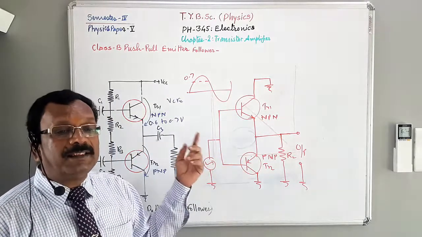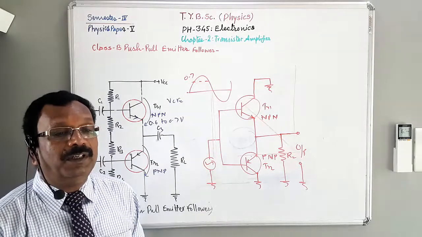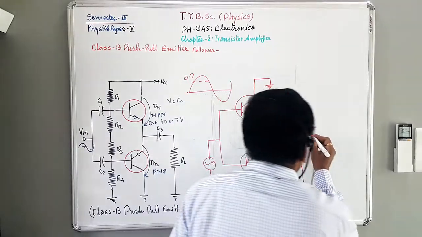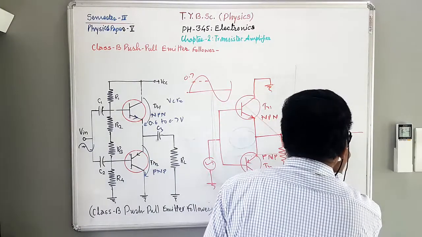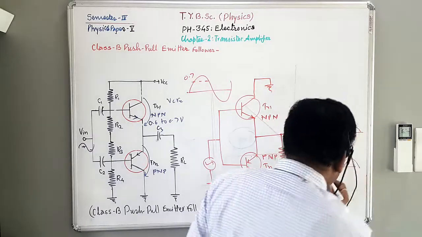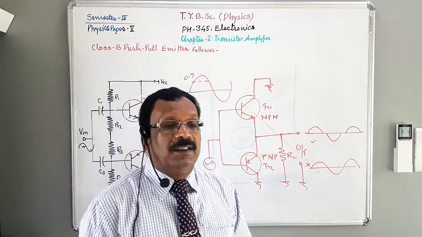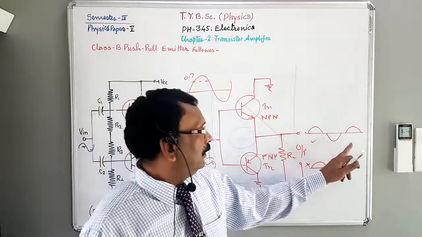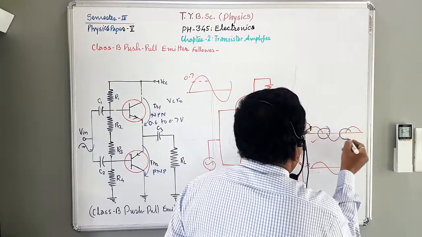Hence, if no bias is applied to the emitter diodes, the output of the class B push-pull emitter follower looks like this. See here, the output looks like this. In this figure, this is the important point to be noted.